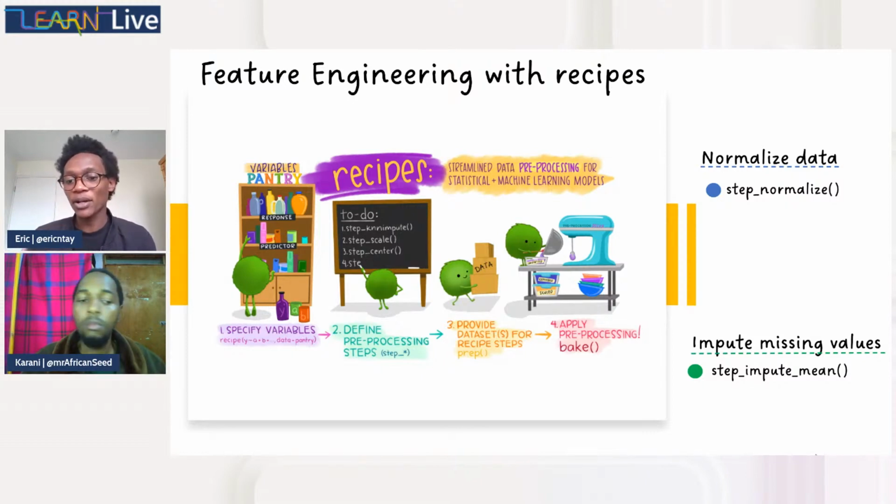One way of imputing missing values is something like step_impute_mean, whereby you replace the missing values with the mean value for that particular column. So this is one way you can, depending on the model, modify your columns so that the model can extract the signal better. That's feature engineering, and it's done by the tidymodels package called recipes.